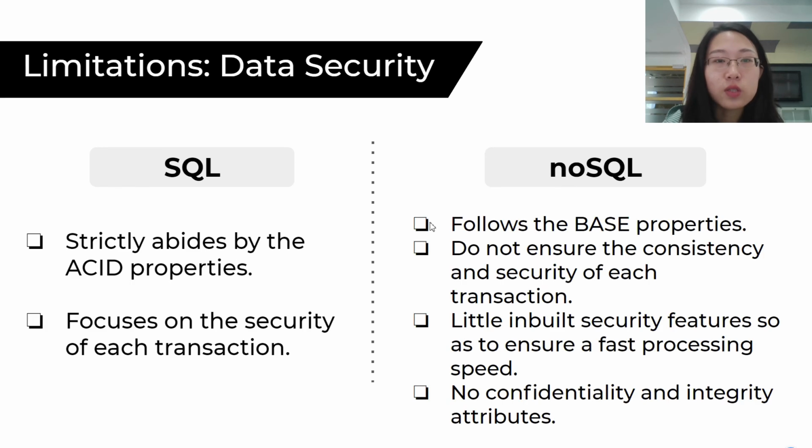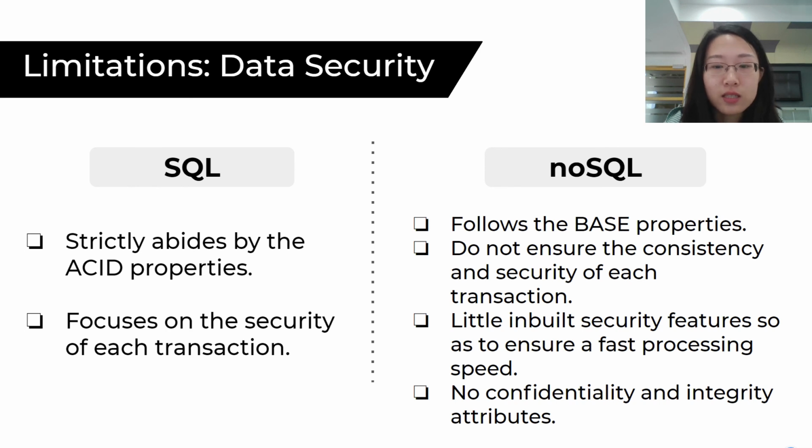If we choose to use a non-relational database, we need to take extra caution in terms of data security and keep the risk in mind as well. SQL strictly abides by the ACID properties, which focuses mainly on the security of each transaction. However, NoSQL follows the BASE properties, which do not ensure the consistency and security of each transaction.